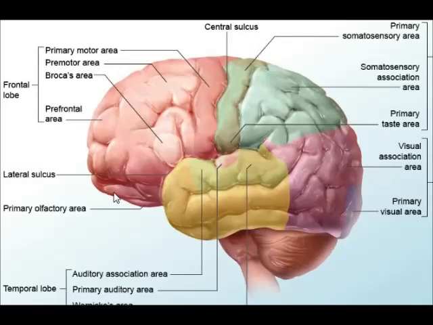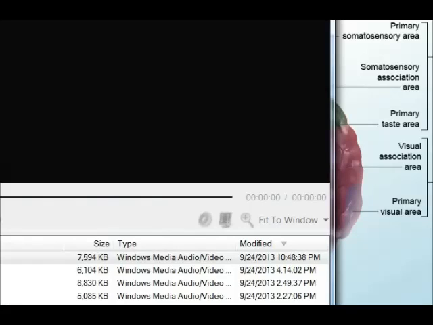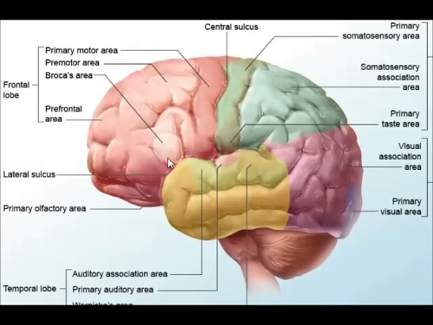All of this control over the limbic system takes place in the prefrontal cortex, in particular the medial prefrontal cortex, which hopefully we'll talk about when we move into the area of behavior. And here you have Broca's area, which is involved in speech, and we'll get to that when we talk about speech.